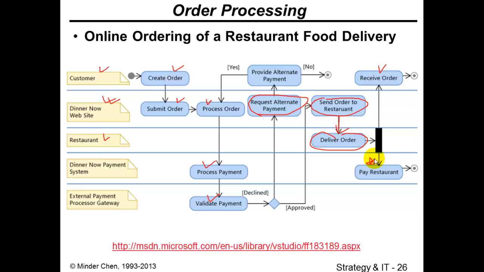So this is a little more complicated business workflow, a process flow chart, to help us visualize how various business activities are connected to each other. And we can certainly see where information technology can be used to facilitate the execution of various activities within this business process.